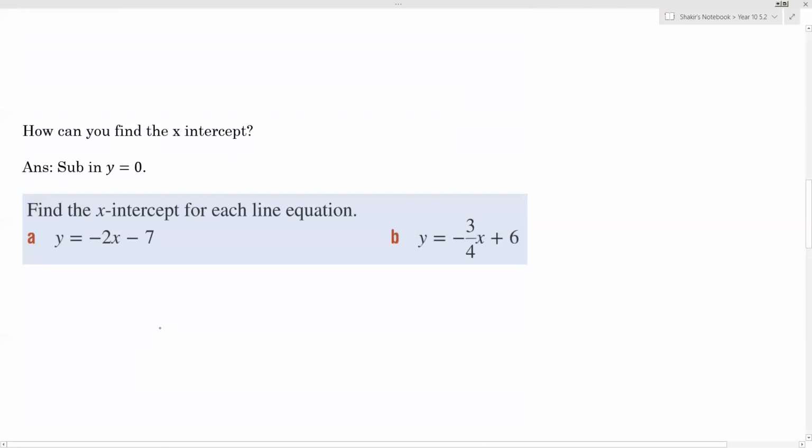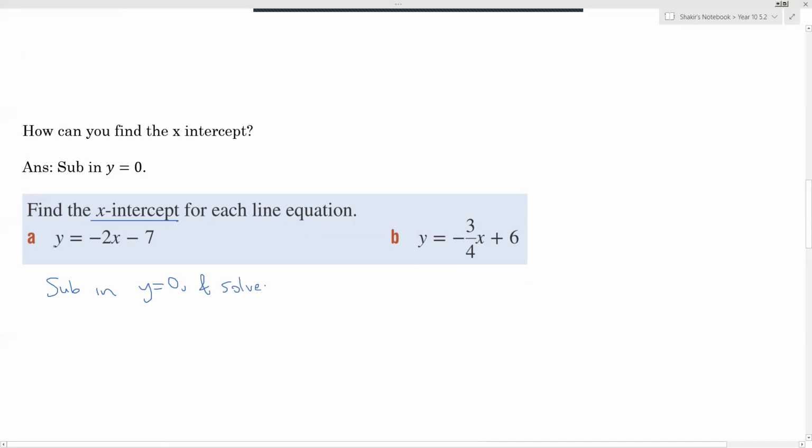Okay, so for example, find the x-intercept for each line equation. We have to find the x-intercept, so we sub in y equals 0 and solve. Any place you see y, I'm going to put 0. So 0 is equal to negative 2x minus 7.